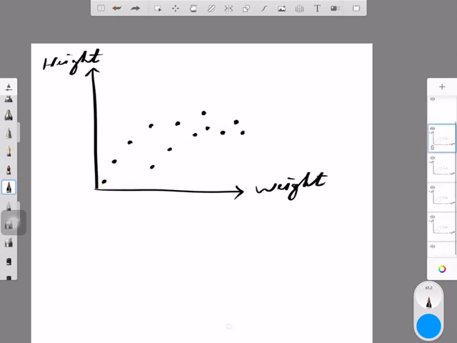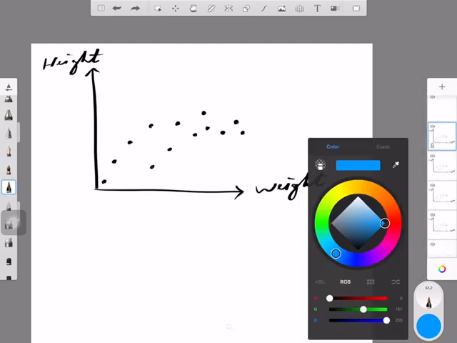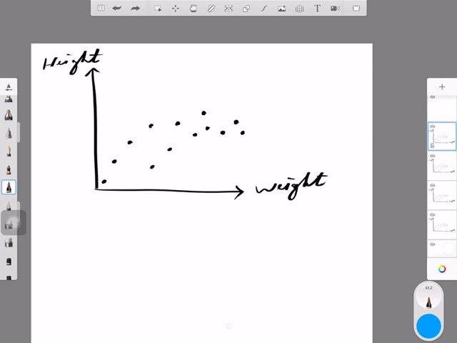I will label the dots in blue as the training set, and I will leave the black ones as testing data.